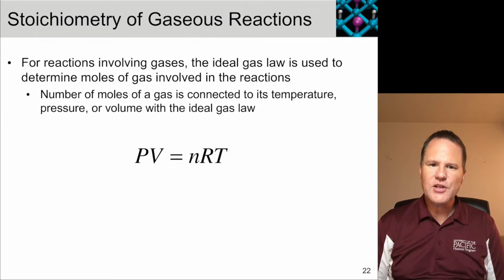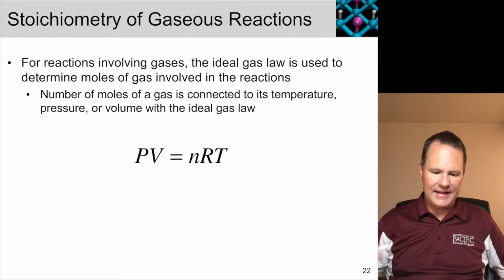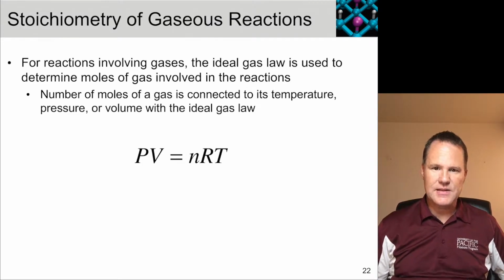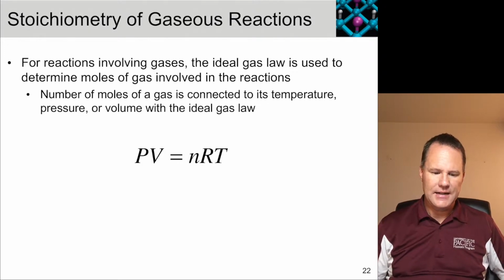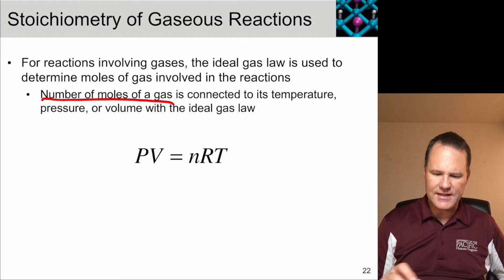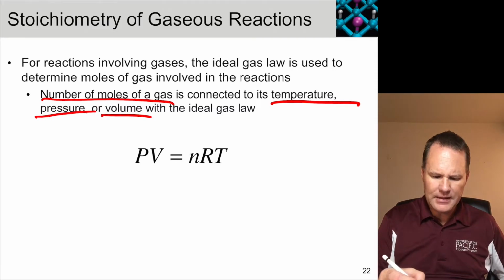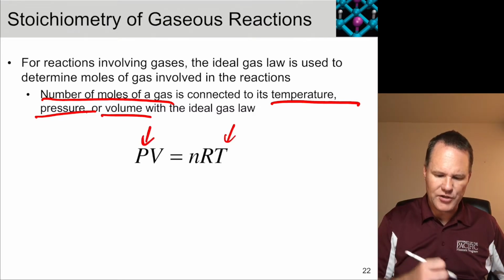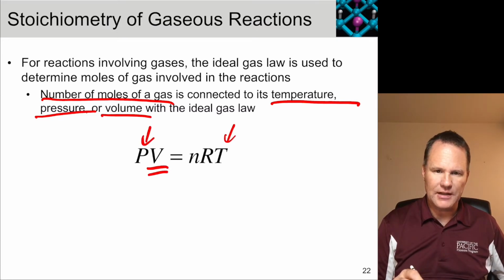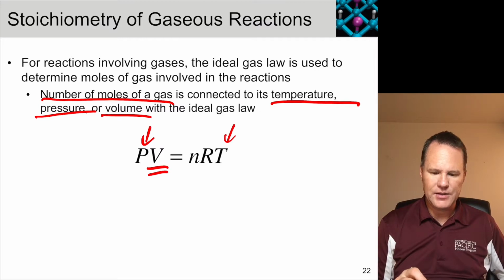But again, the moles were the center part of the calculation. And the question is, for a gas, how can we convert to moles? What we can do is use the ideal gas law, because the number of moles of a gas is connected to the temperature, pressure, and volume. So if we know what the temperature and the pressure are, then we have a connection between how many liters of a gas we have and how many moles it corresponds to.